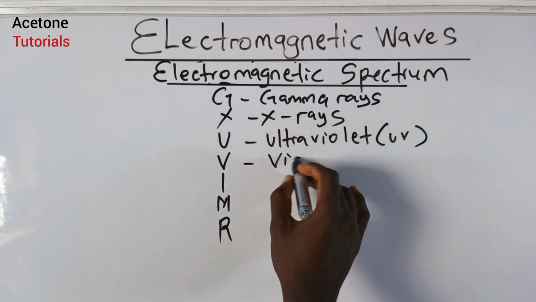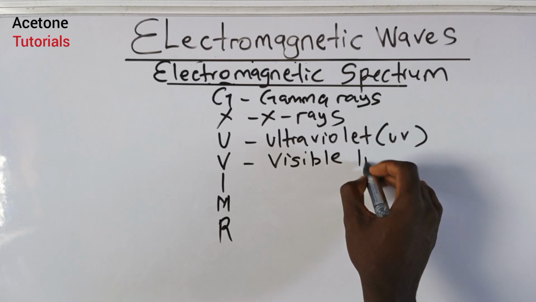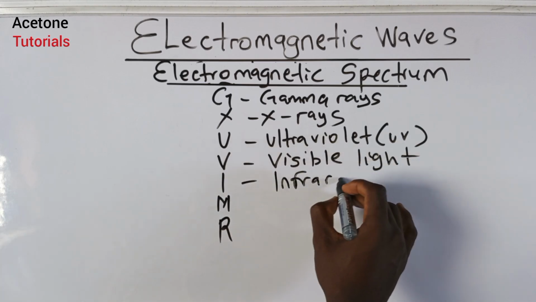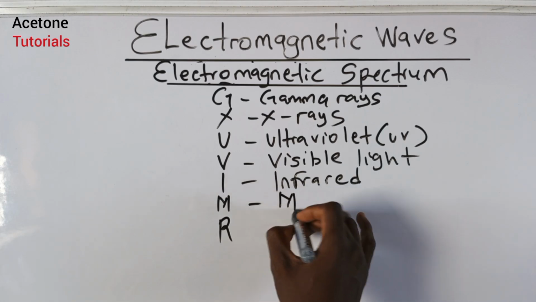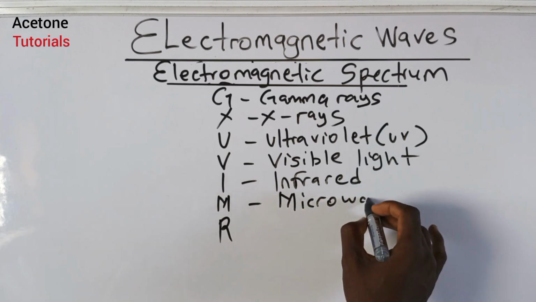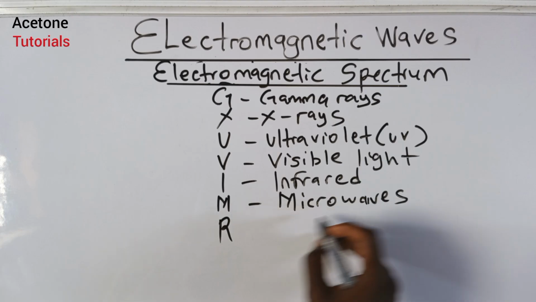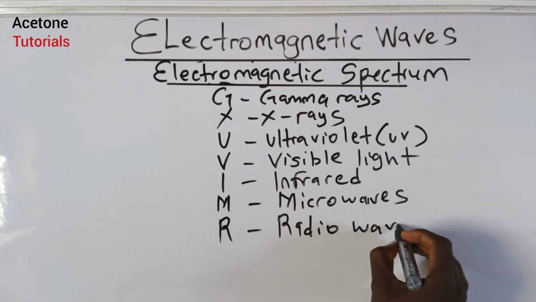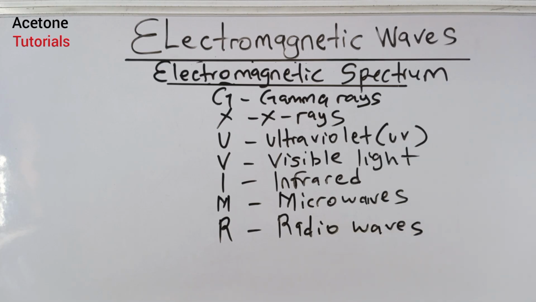This is visible light. This is infrared, microwaves, radio waves. So this is the electromagnetic spectrum, which is the whole range of the electromagnetic waves. So we have GXUVIMR: gamma rays, X-ray, ultraviolet, visible light, infrared, microwaves, and radio waves.